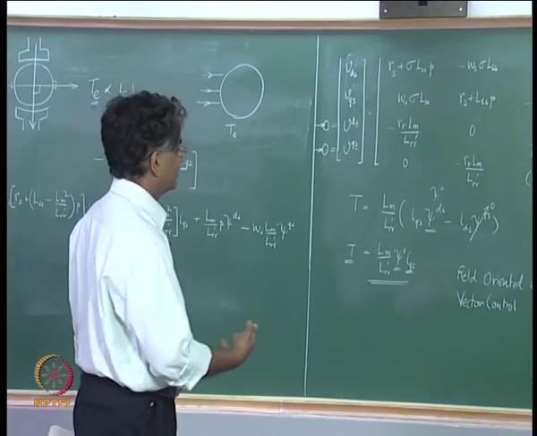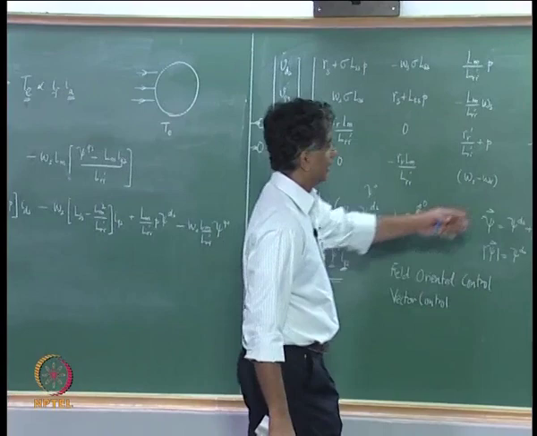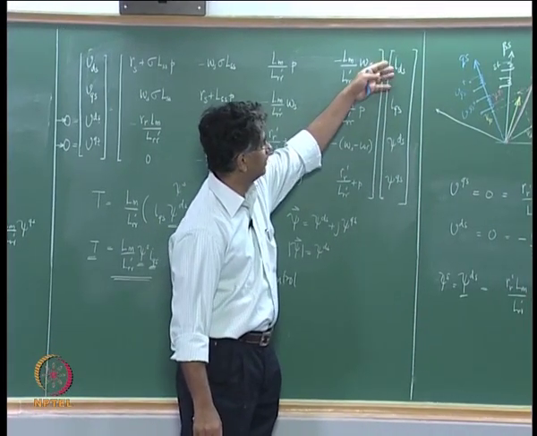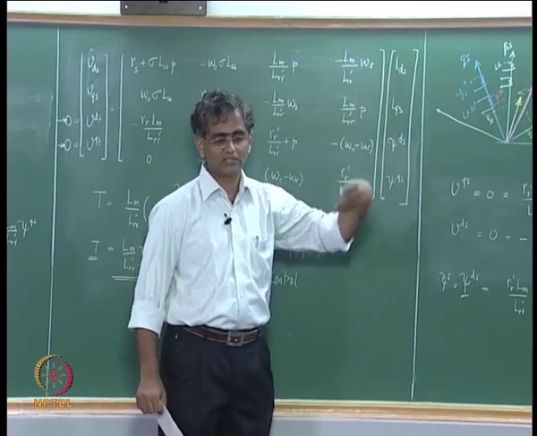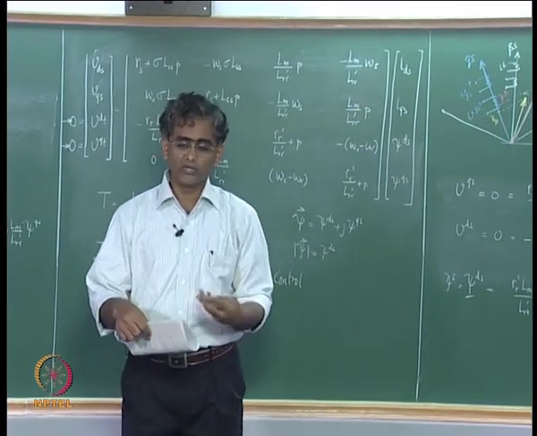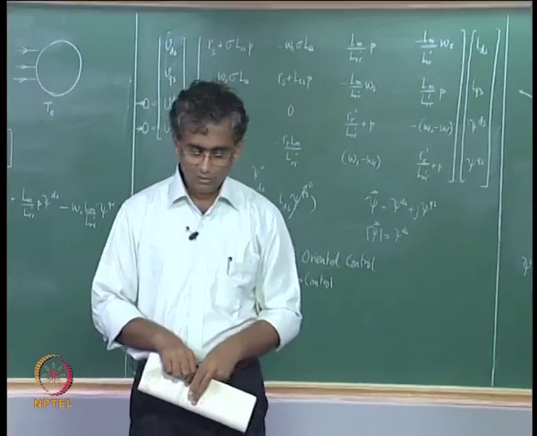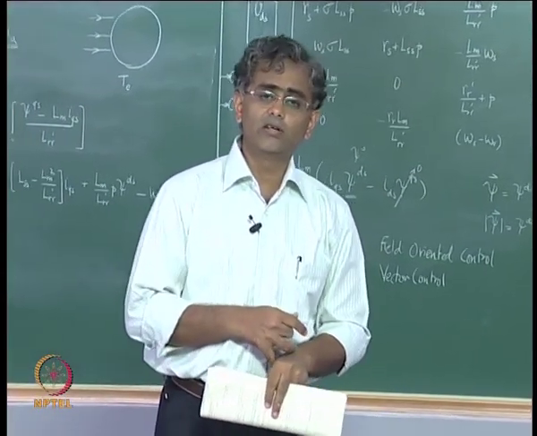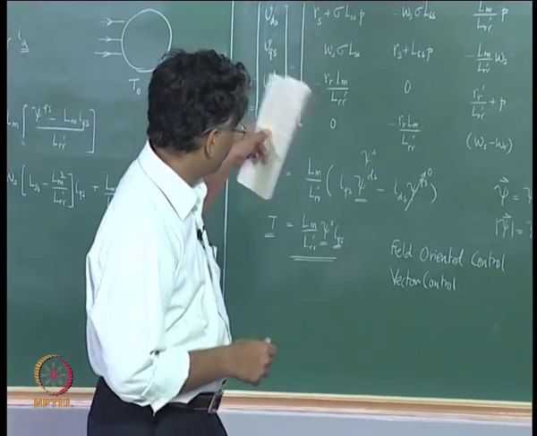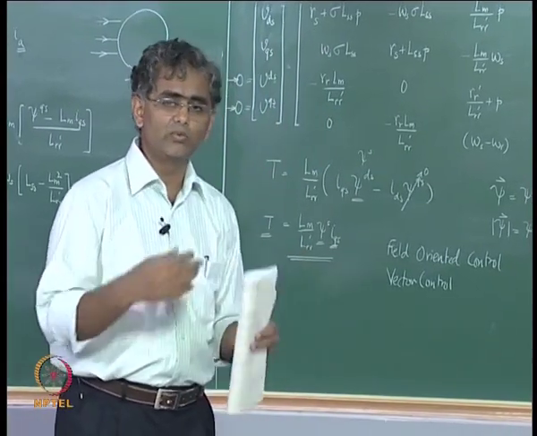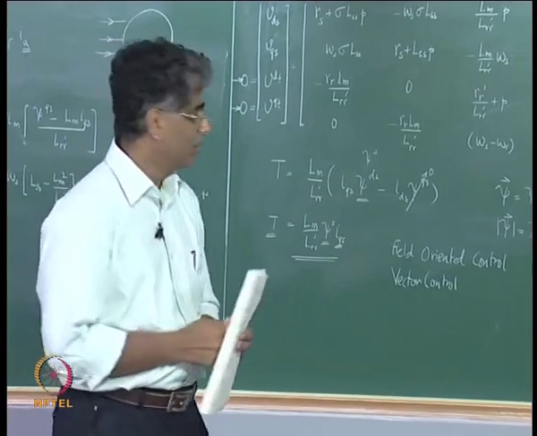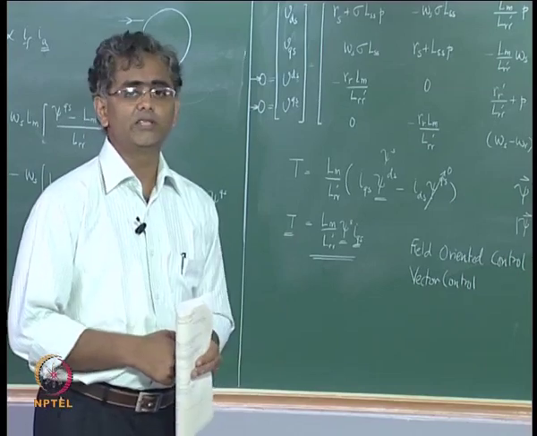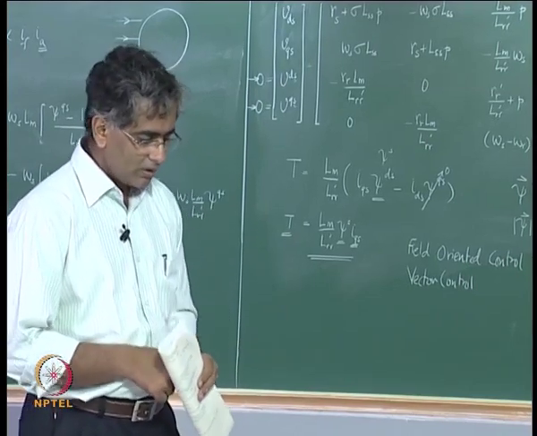You can, for example, choose to retain IDS and IQS here, but convert the other two to psi ds and psi QS of the stator, derive more equations, and then look at the machine description in that. I would urge you to look at the literature for other ways of describing this and other ways of field oriented control that this sort of description makes feasible.